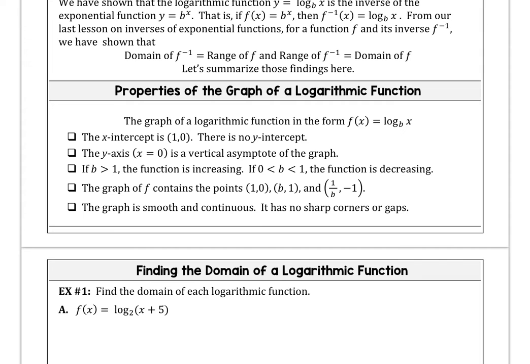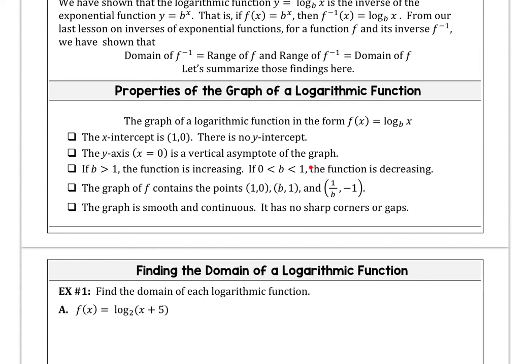Some of the key points are the x-intercept at (1, 0), the fact that there's no y-intercept. We know the y-axis is the vertical asymptote for the graph. We know that if the base is bigger than 1, we have an increasing function.